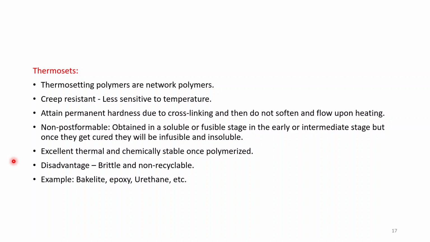They are obtained in a soluble or fusible stage in the early or intermediate stage, but once cured, they become infusible and insoluble. They are excellent thermal and chemically stable once polymerized. The disadvantage is that they are brittle and non-recyclable, and examples include bakelite, epoxy and urethane, etc.